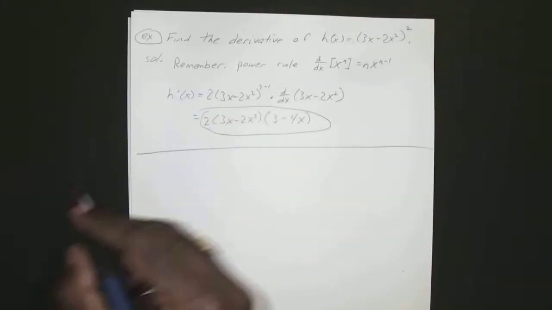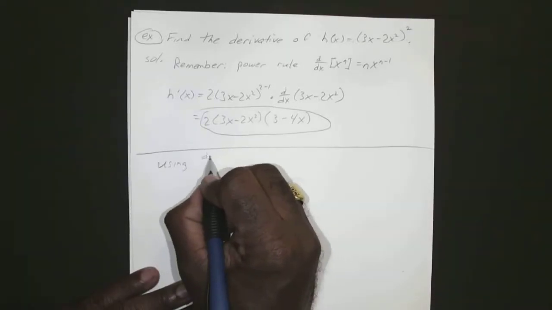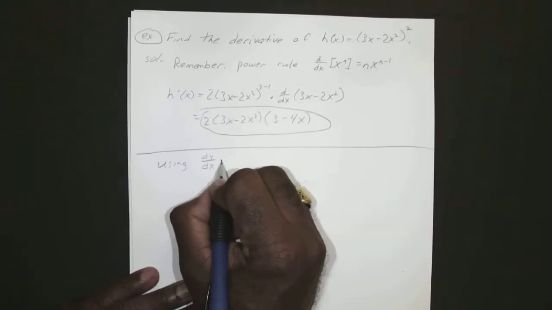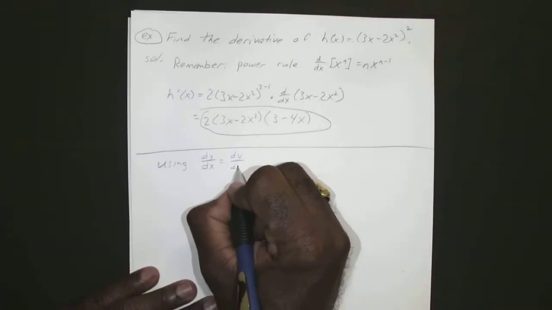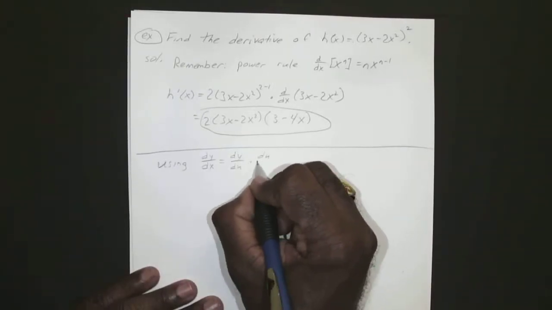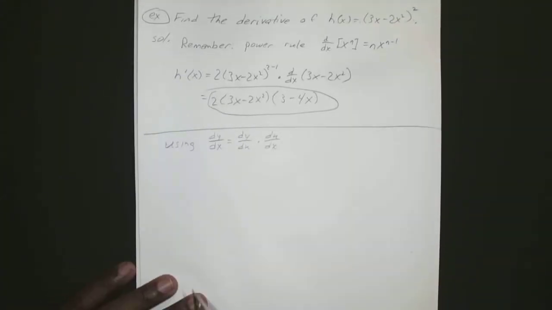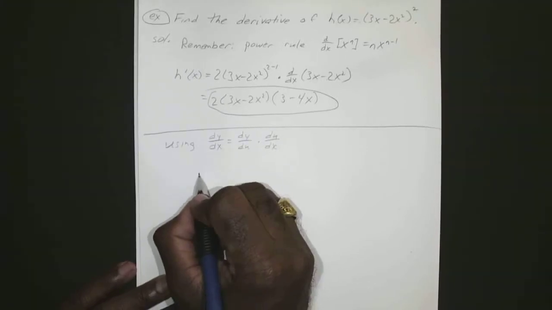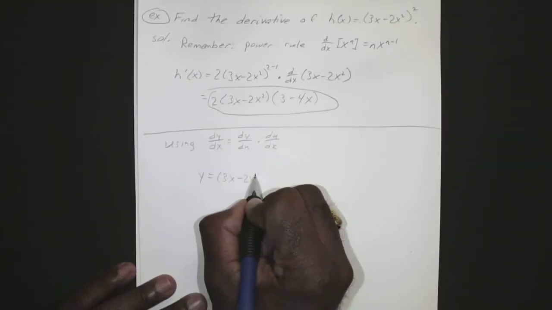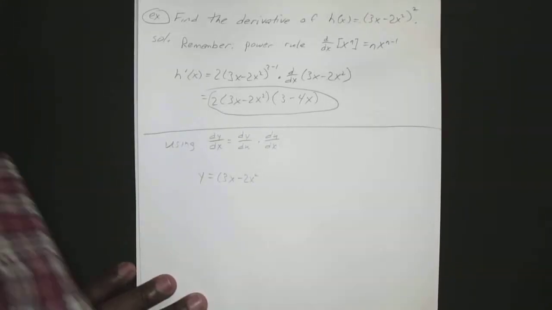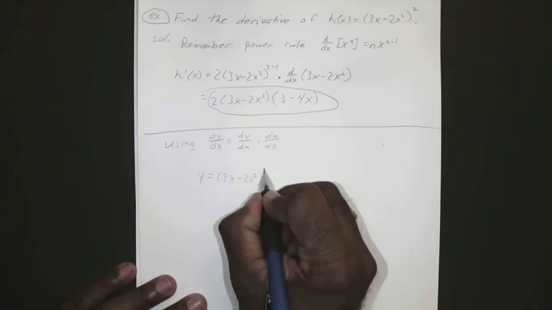Now, if we were to do that same one using the formula here, the derivative of y with respect to u times the derivative of u with respect to x. Okay, so let's say we had y equals (3x minus 2x squared) squared.